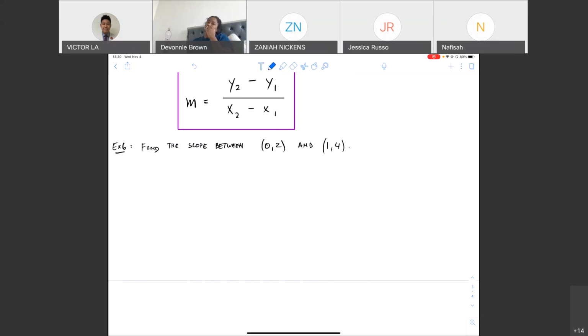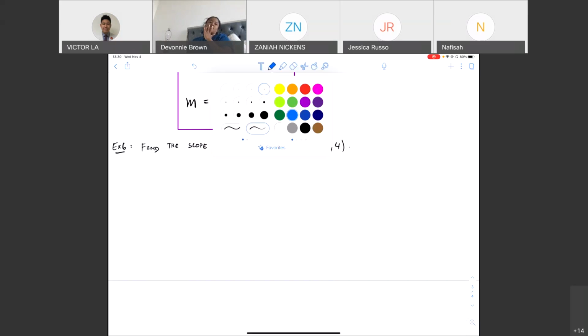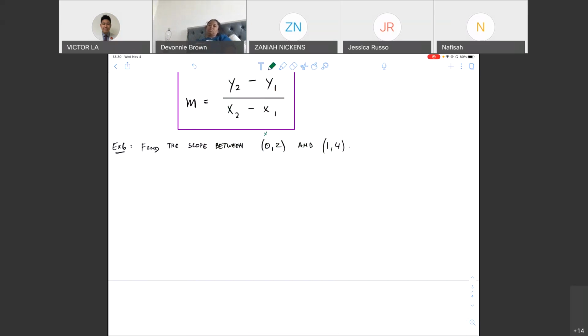However, most students go x1 like this and y1 like this, and then x2 and then y2 like that. So they always use the first point for the ones and the second point for the twos. But as long as you label them properly, it doesn't matter who's 1 or who's 2.